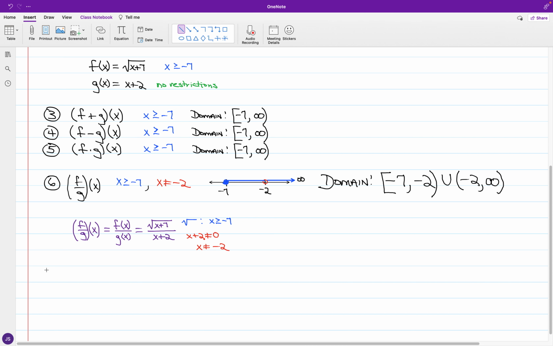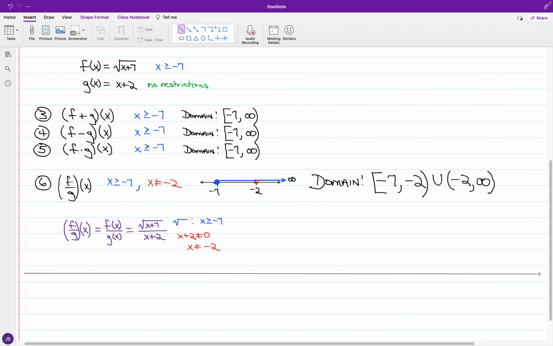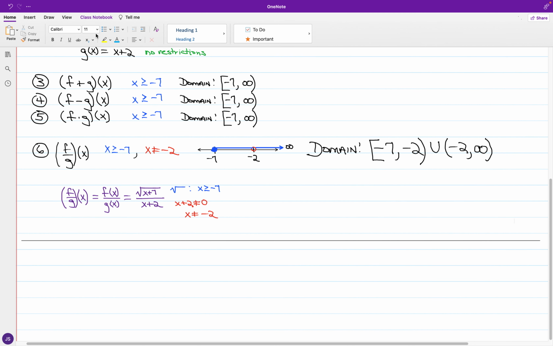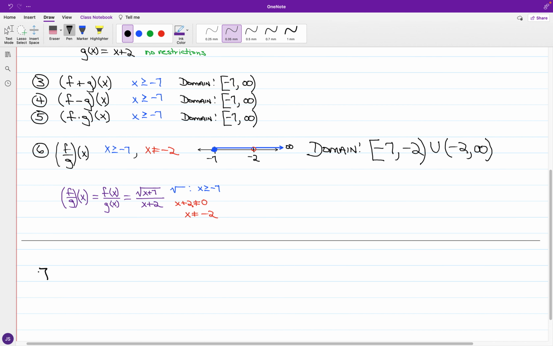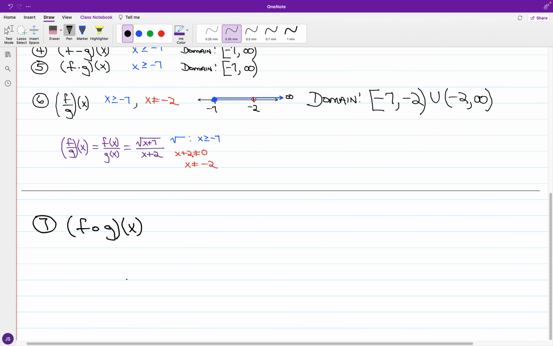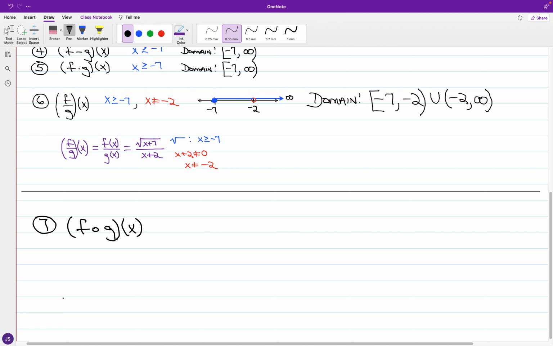Okay, now again, just partially hitting the reset button, and just regarding the composition. Now if I'm looking at the domain of f composed with g of x, okay, so I'll be looking at both the input as well as the output, which will be the composition itself. And for f composed with g of x, so I have f of g of x.